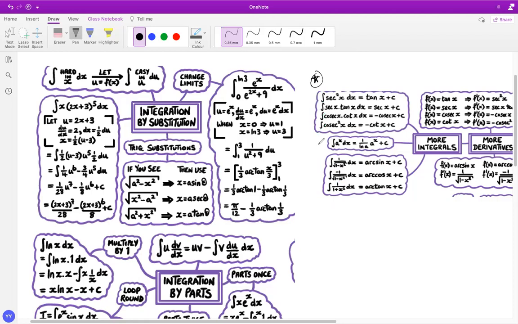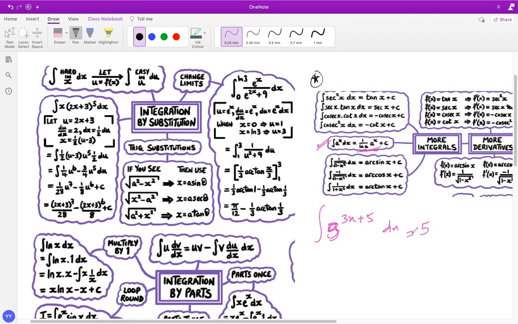Now, one formula that has been newly included explicitly for the AHL syllabus is the integration of a to the power x, which is a to the power x over ln a. So let's say I'm integrating 5 to the power 3x plus 5, where a is a number.